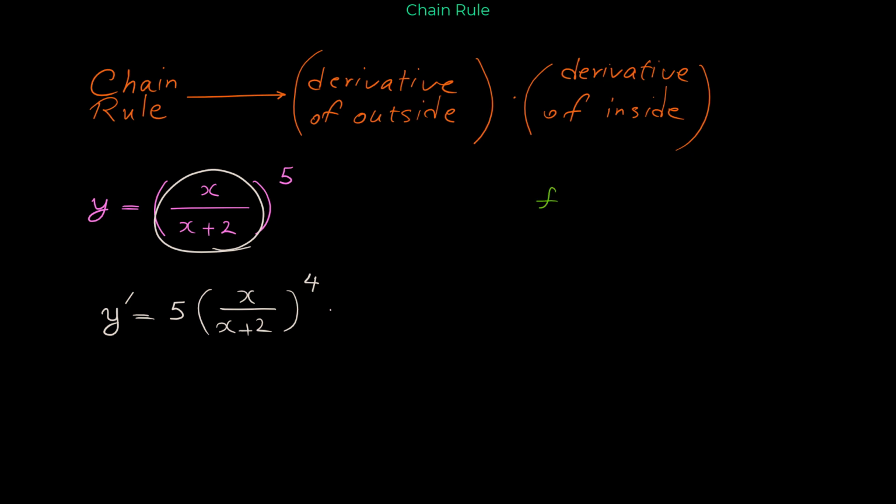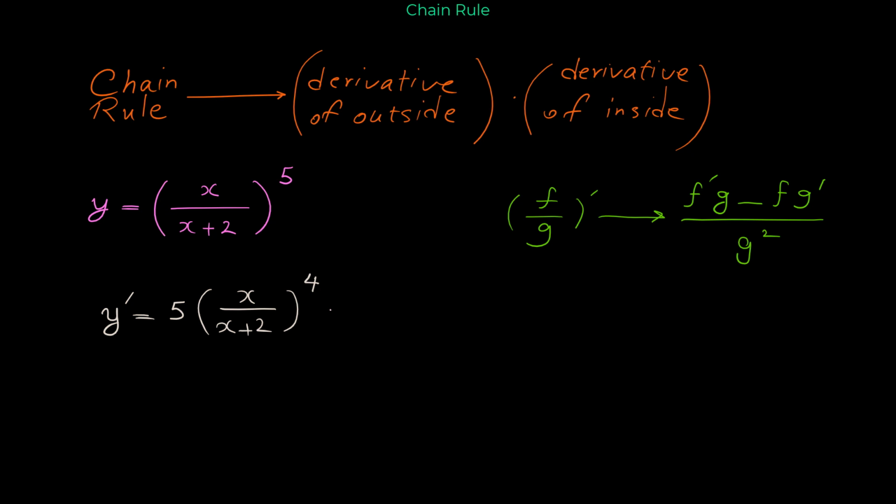If we have f over g, for finding the derivative of f over g, this is the rule: take the derivative of the numerator, the derivative of f, multiply it by the denominator, minus the numerator times the derivative of the denominator, all over the denominator to the 2. This is the quotient rule.